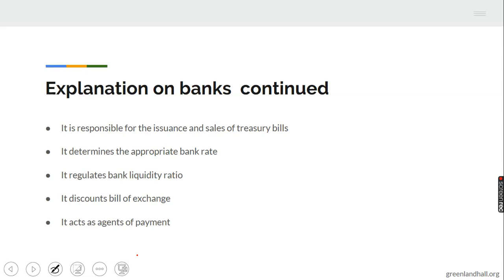Also, it is responsible for the issuance and sales of treasury bills. When government wants to increase the supply of money in the economy, the central bank will help government buy treasury bills from the public, and when it wants to reduce it, it will sell treasury bills to the public.